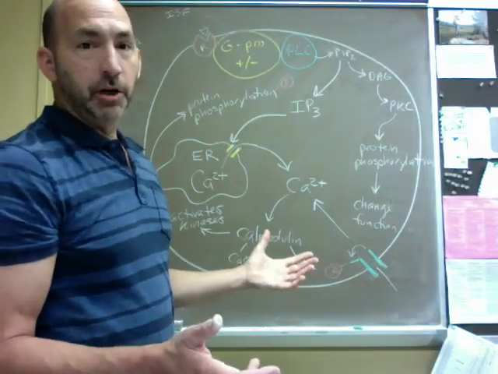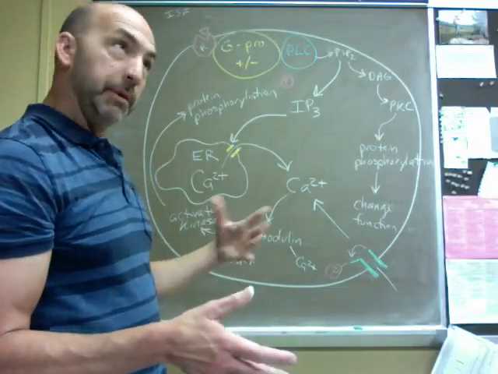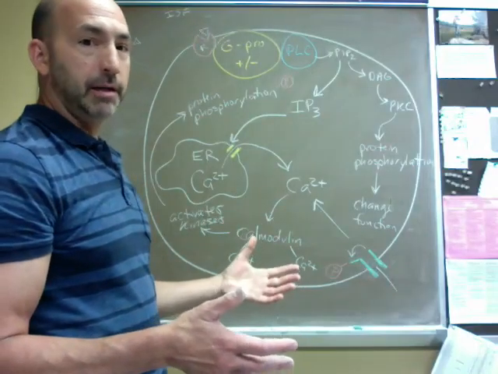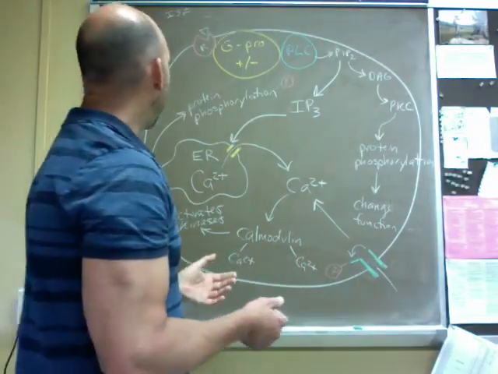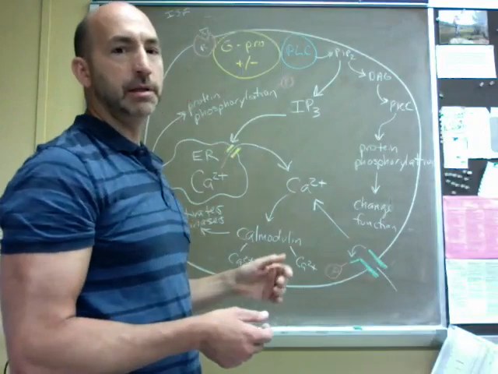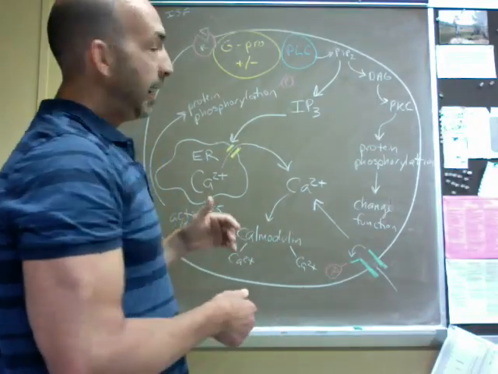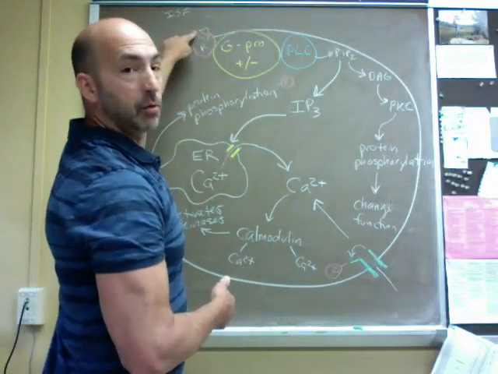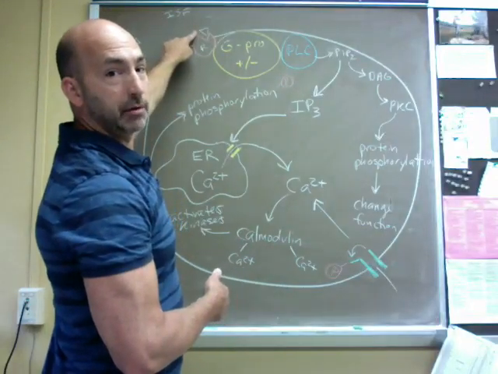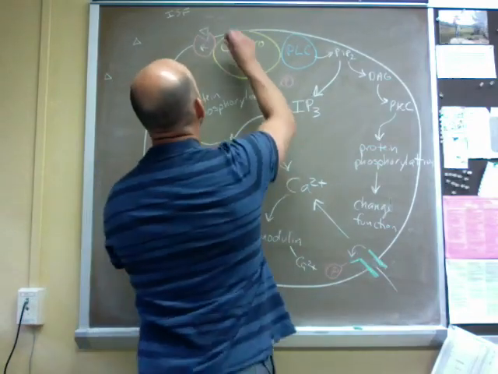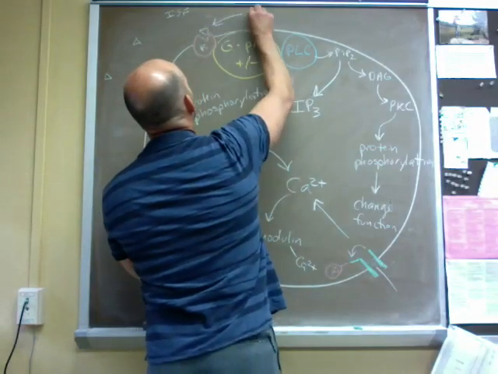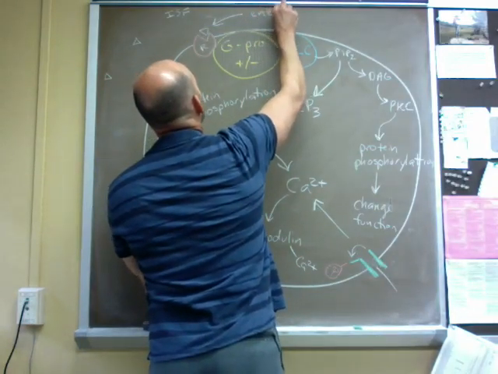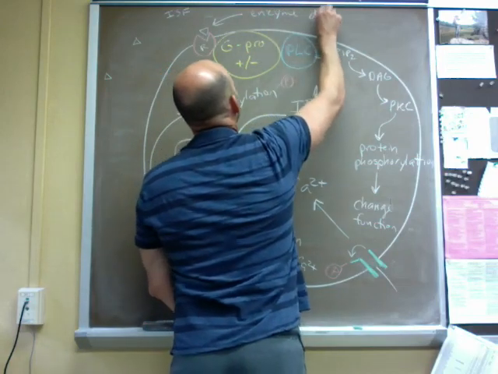Let's follow through though, remember, because before, when we did the cyclic AMP, cyclic GMP, we had to talk about how we would turn off this hormonal response. And so again, we have to do some of the same things. We have to get rid of the hormone, so we would enzymatically degrade the hormone. So enzyme degrades.